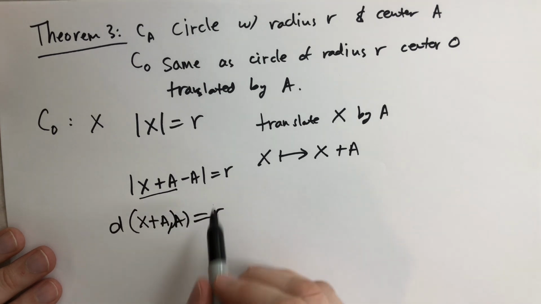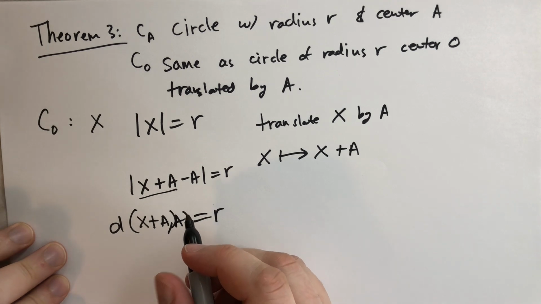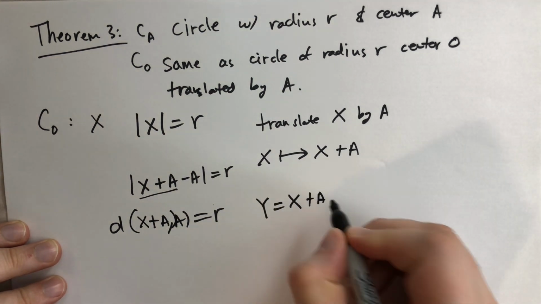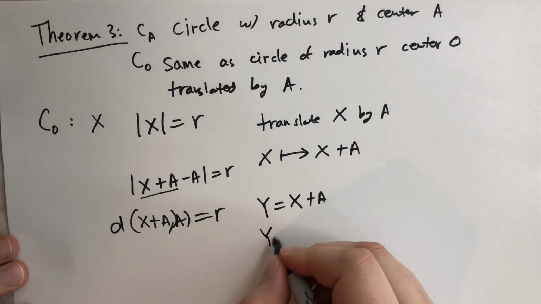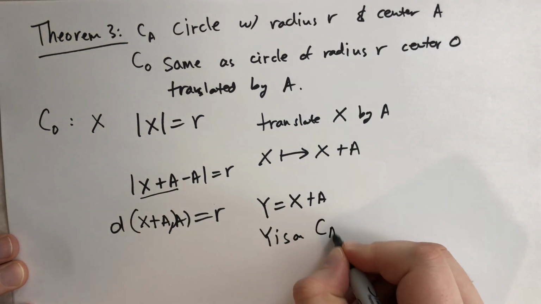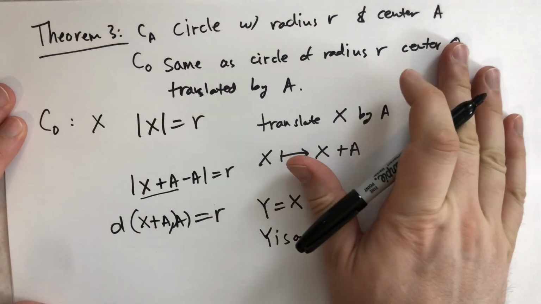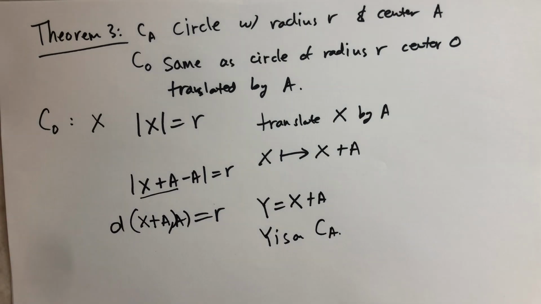That means the distance between this point and that is always equal to r. So let's say Y is equal to X plus A, and then we'll find that Y lies on the circle centered on the point A. All right, and this is fairly simple now that we have this analytical method to analyze stuff. It's pretty easy.